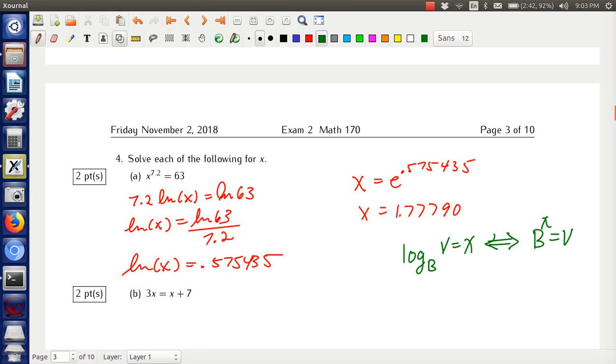You have to remember that you're converting back and forth, because your natural instinct should be to take the log of both sides, solve for whatever you can, do the best you can, and then say, wait a second, this means log base e of x is 0.575, whatever it is.